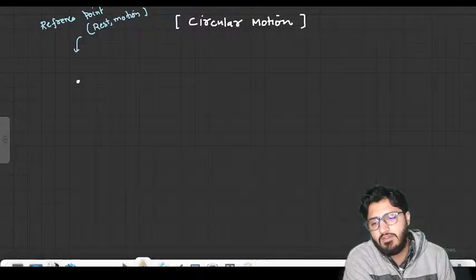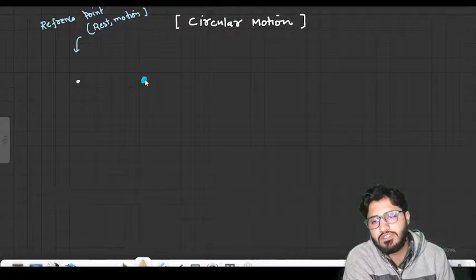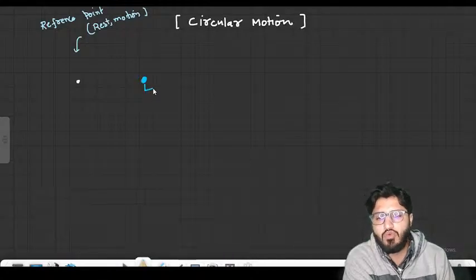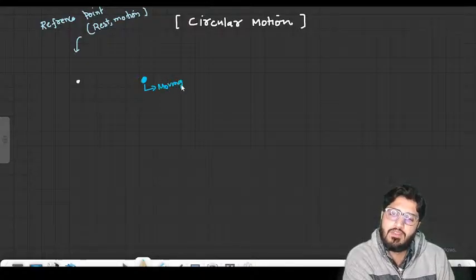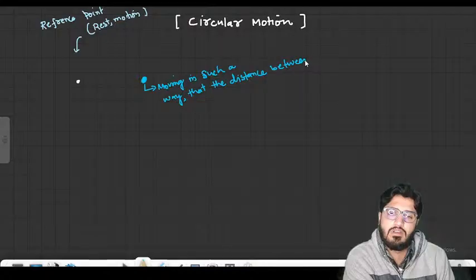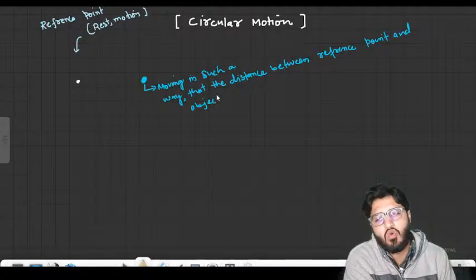Now suppose we have a body like this, and this particular body is moving in such a way that the distance between the reference point and the object remains the same.